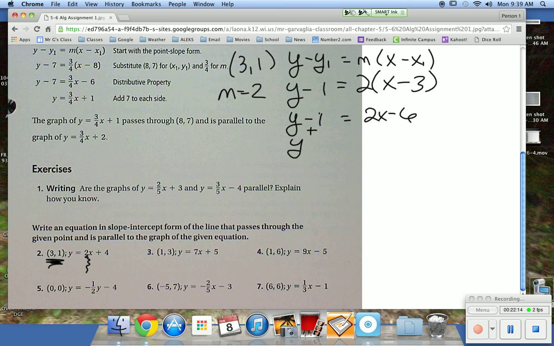For y, I'm going to add 1 here. I'm going to add 1 here. Y equals 2x minus 5. There is what they're looking for. I got a negative 6. Add 1 to it, and it's negative 5.